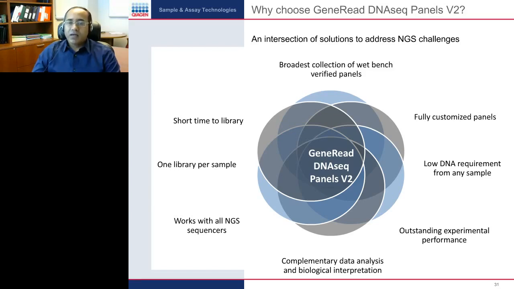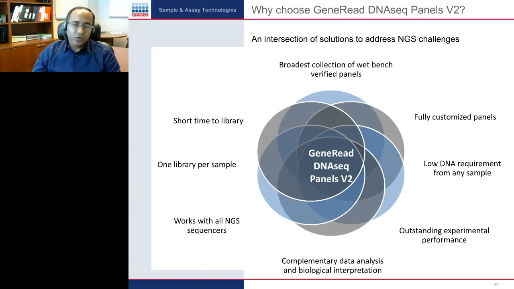And as I've shown you earlier, not only our internal data, but also the data generated by our customers shows the outstanding experimental performance of all the panels. We get very high uniformity, specificity, as well as coverage using these panels.